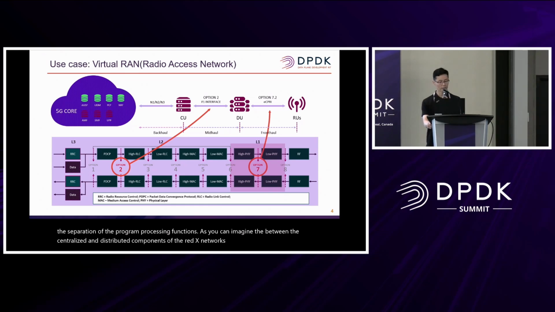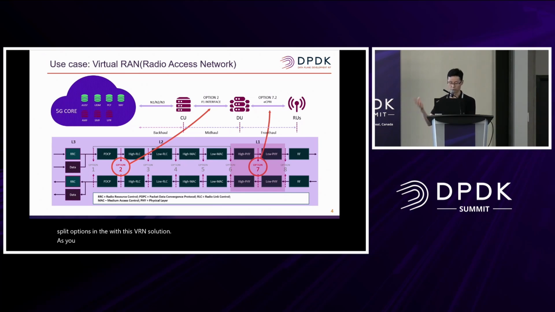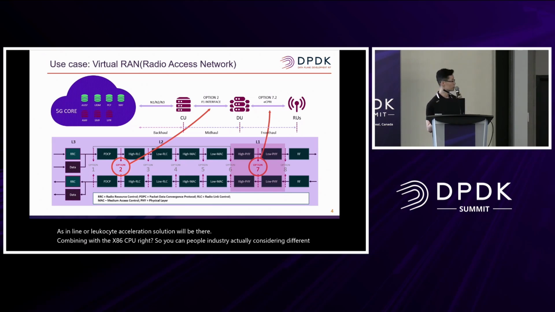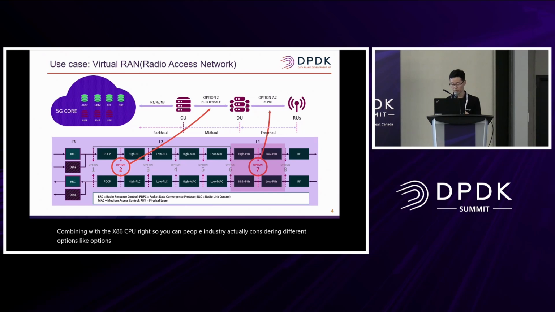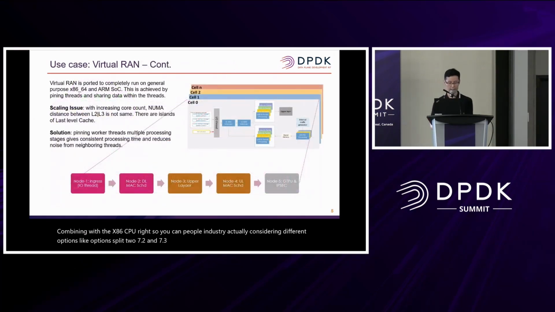To align the functional split options with this vRAN solution, inline or lookaside acceleration solutions will be there, combined with the x86 CPU. Industry is considering different options like split 2, 7.2, and 7.3, and so on, but it looks a bit overwhelming, so with all the details, I'm not going to talk about those.